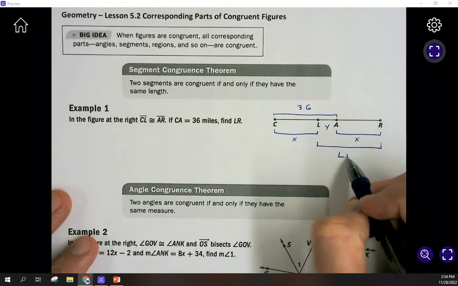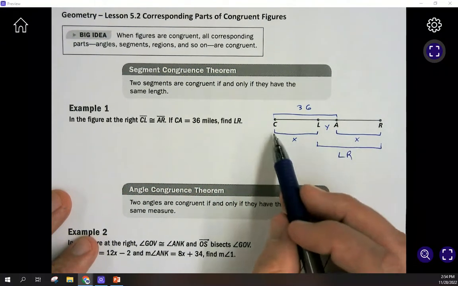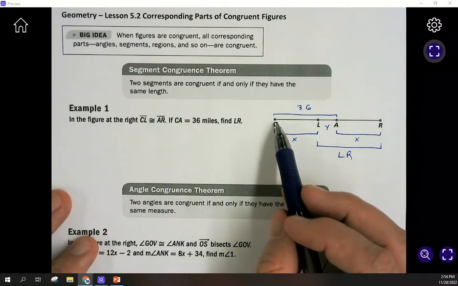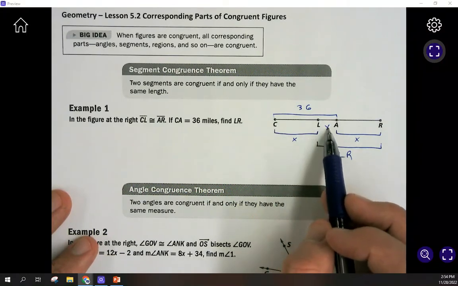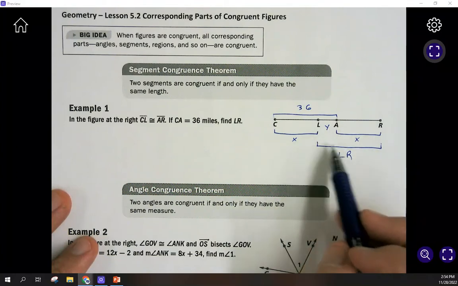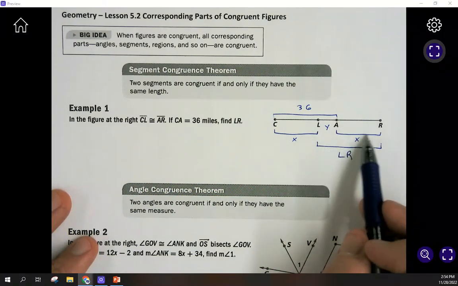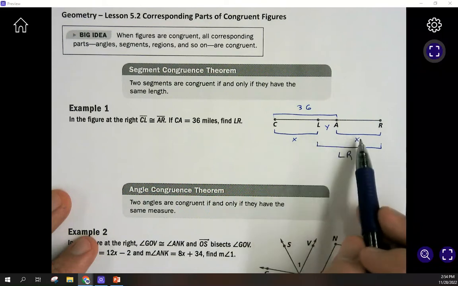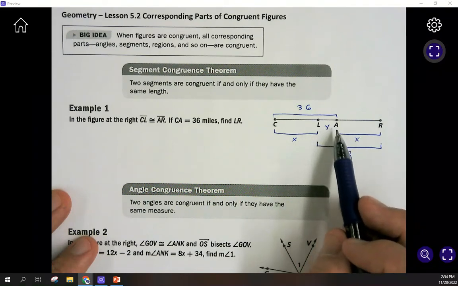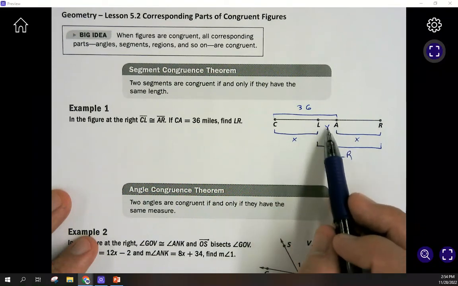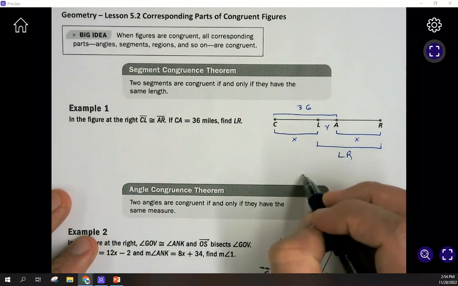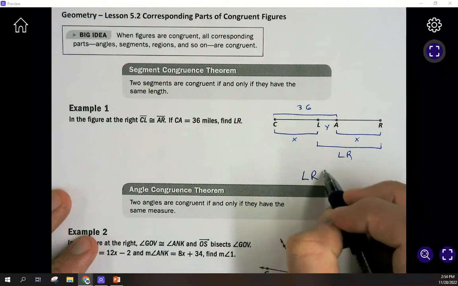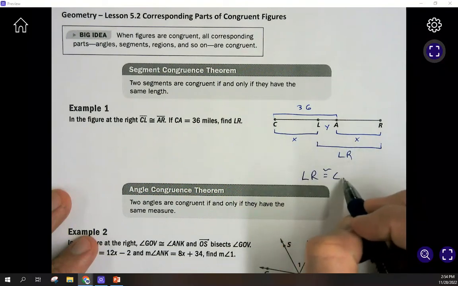This is LR. And so these have to be equal to each other because C to A is this piece X plus this piece Y. And LR, what we're looking for is this piece X, which is congruent to CL, the same size, plus Y. So it's the same thing, X plus Y, X plus Y. So we know that LR is going to be congruent to CA.